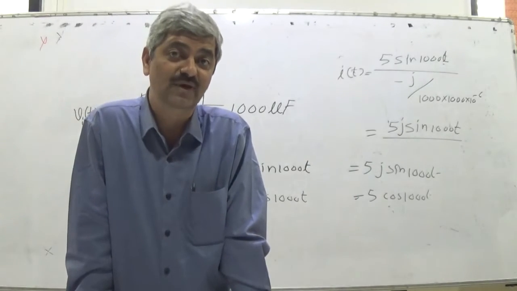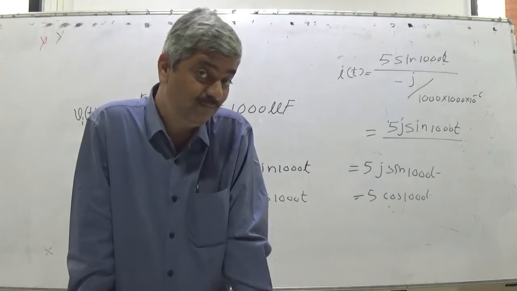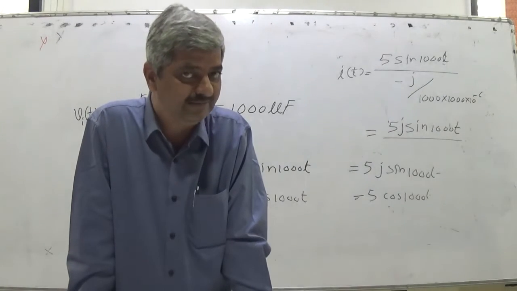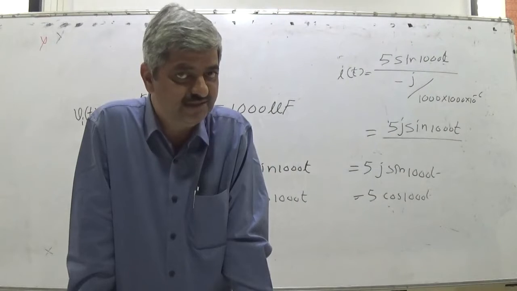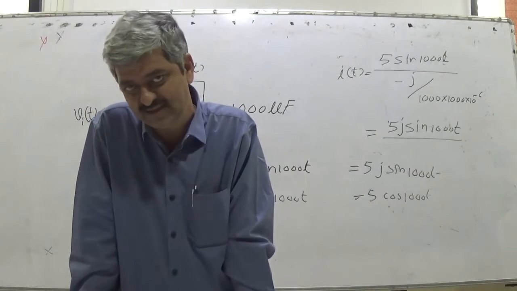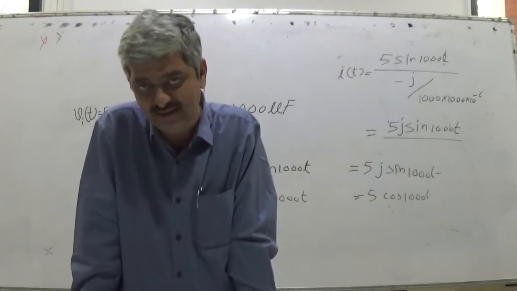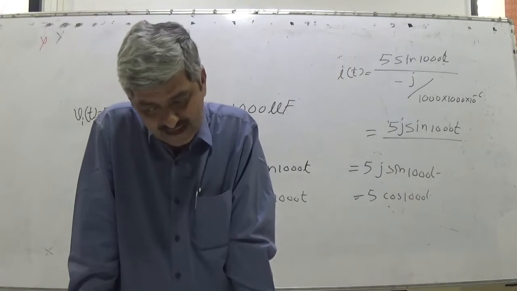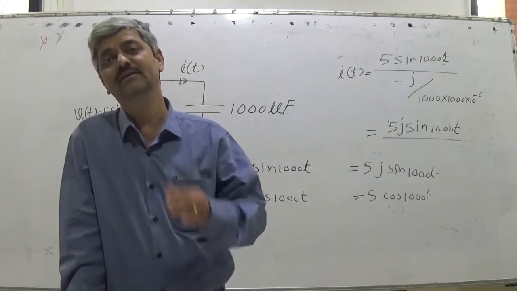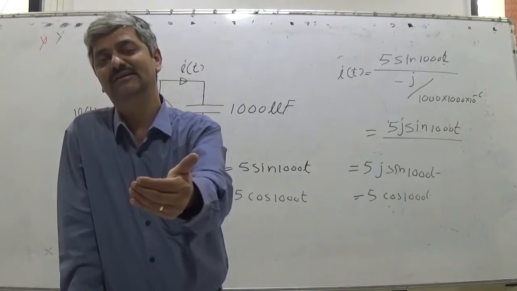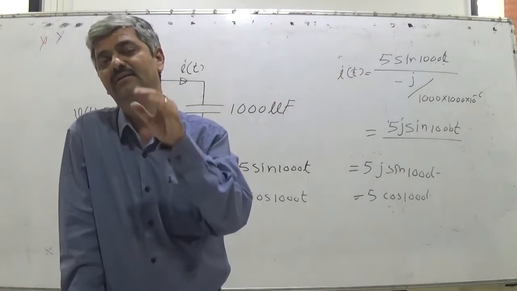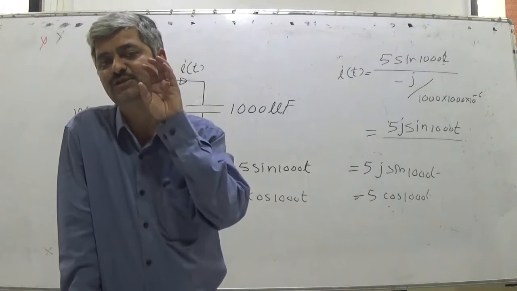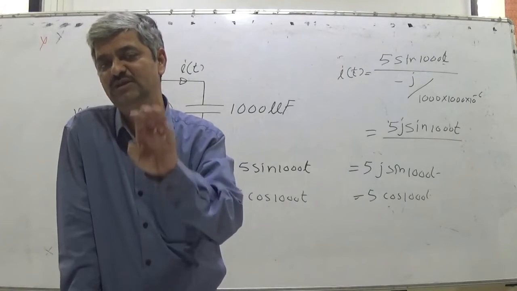For resistor it is sine square omega t, whereas for inductor and capacitor it is sine omega t cos omega t. It is a sine of double frequency. So when power consumed by capacitor or inductor is sinusoidal, what does it mean?